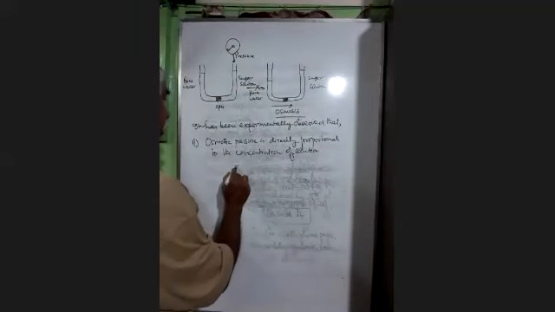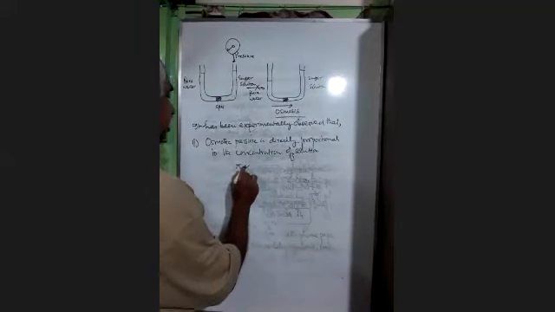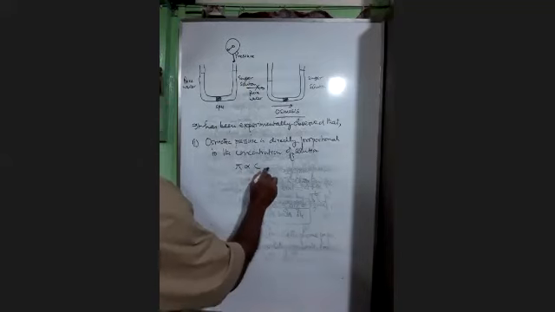Means if you have put more sugar, more flow of the solvent will take place, and you have to apply more pressure to stop it. So we'll write now here: pi is proportional to C.